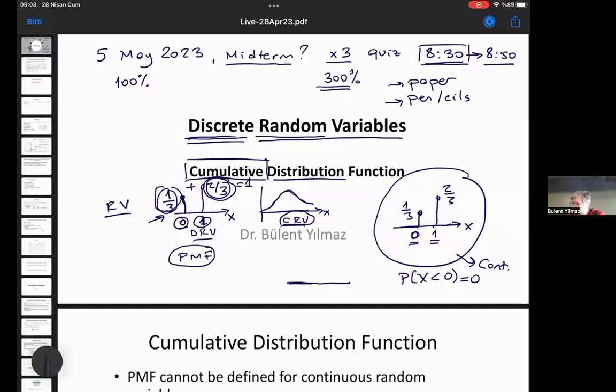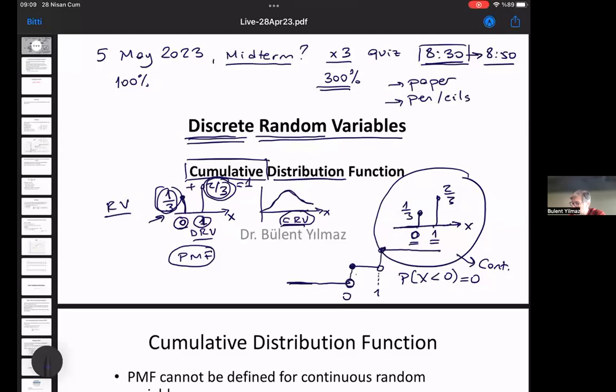So there will be a jump here, okay? And then it will be 1/3 here. There will be a kind of hole here, and it will continue like this until I reach 1, okay? This is 0, this is 1. And then there will be another jump here, and then it will continue as 1 from here.